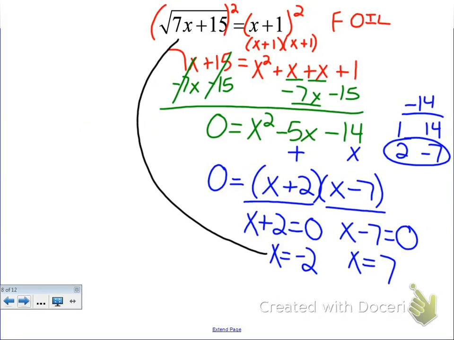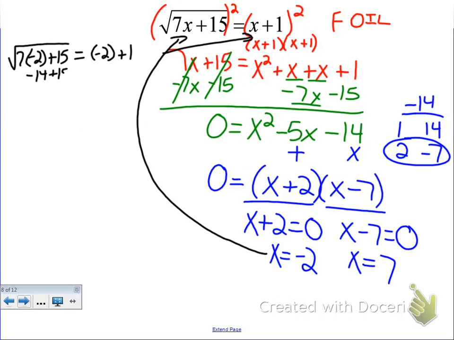So we're going to plug negative 2 into the original equation in both places for x. So we're going to have the square root of 7 times negative 2 plus 15 equals negative 2 plus 1. Over here on the left, 7 times negative 2 is negative 14, and then plus 15.